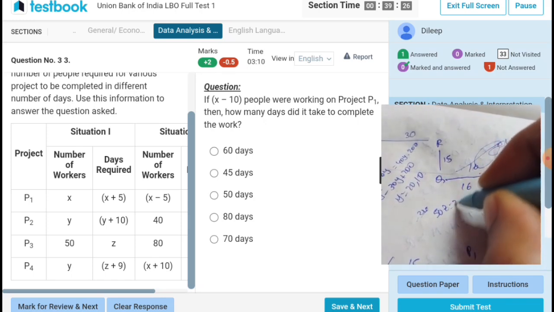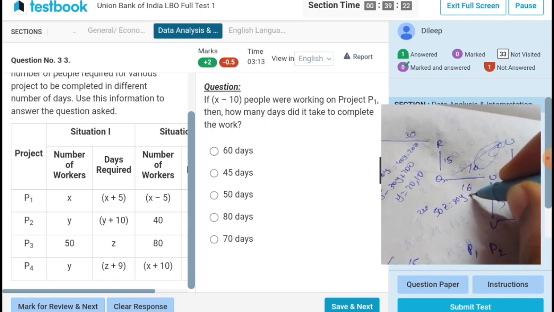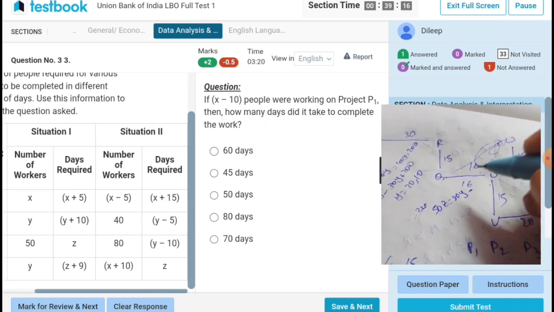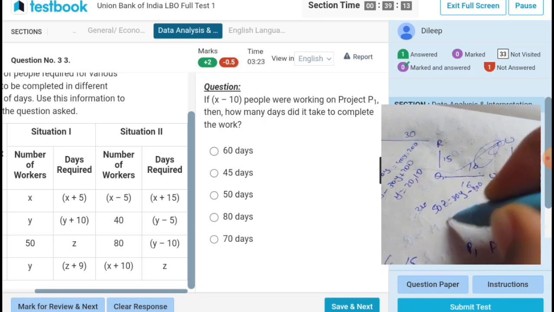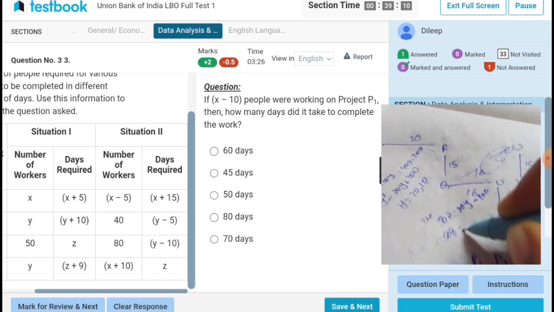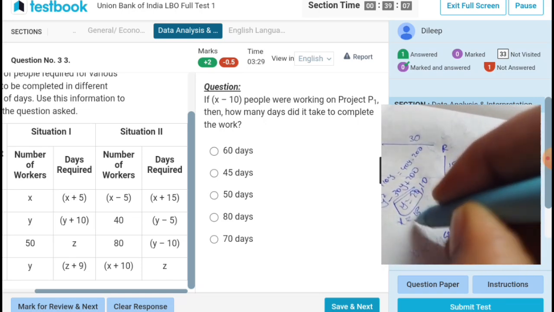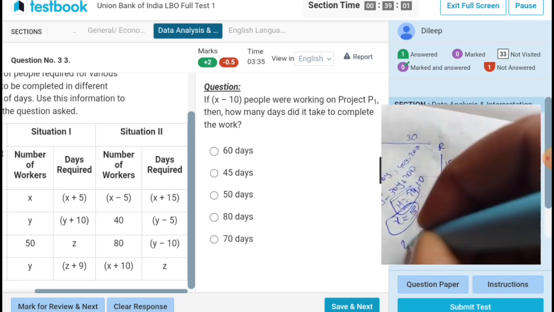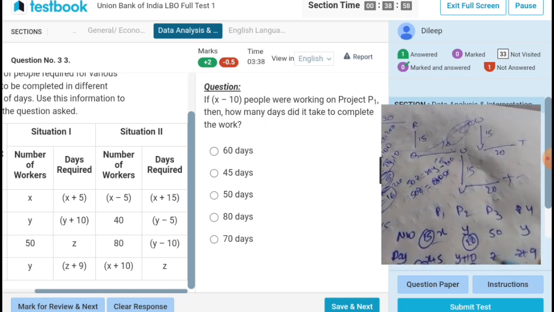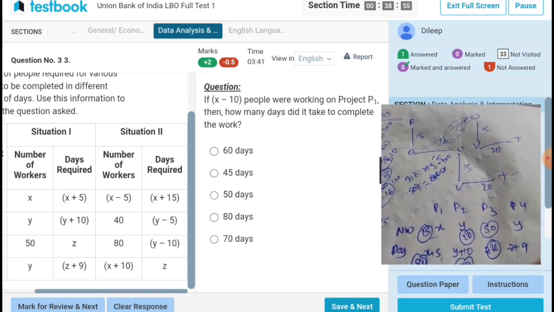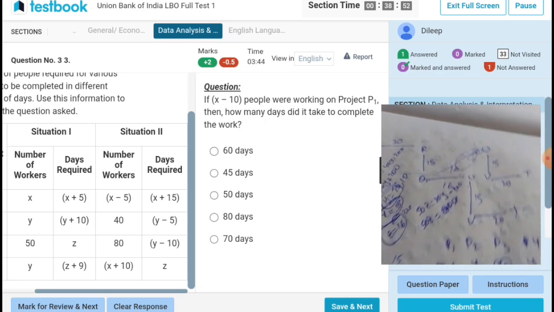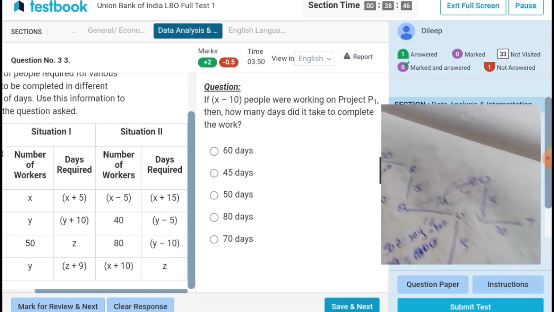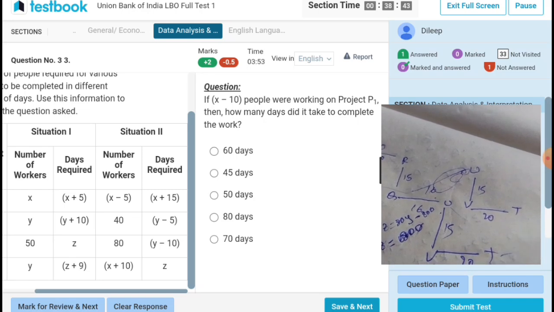So 50z 80y minus 800. 80y is 20, x is 15, z is 16. Six. So y is 20, 25.